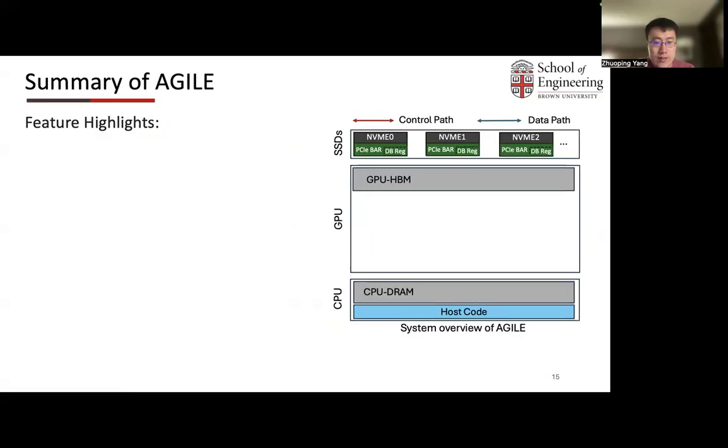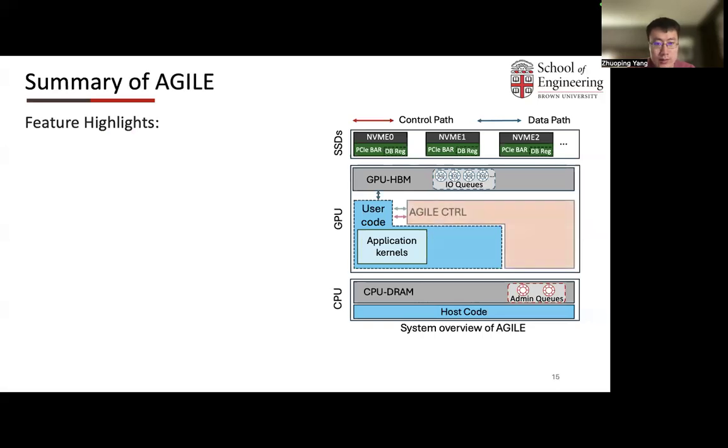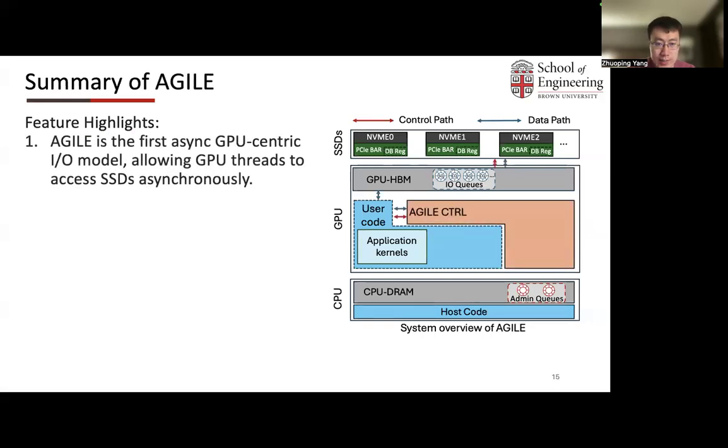We have CPU, GPU, and SSDs. On the CPU side, we allocate some IO queues on the HBM and establish the peer-to-peer communication between the SSD and the GPU. On the GPU part, users can write their own CUDA code and interact with Agile's control API, which provides the GPU-centric asynchronous I/O model.